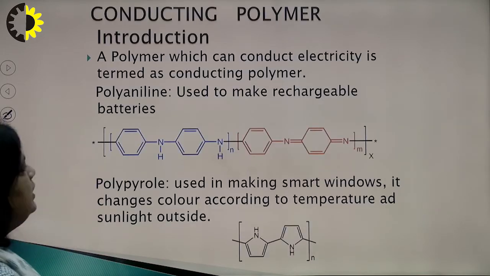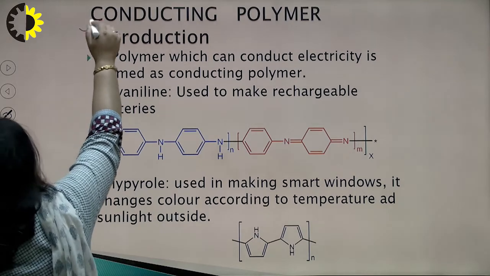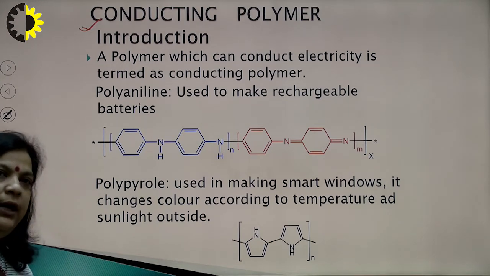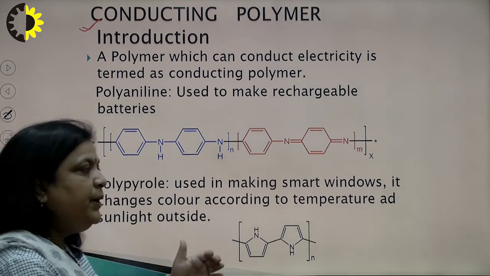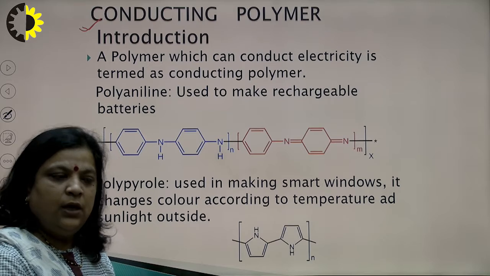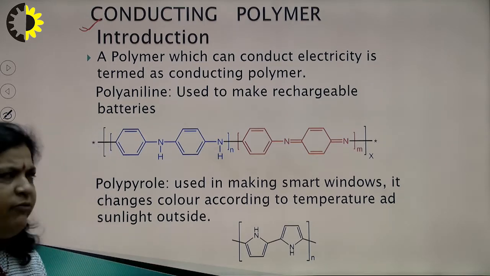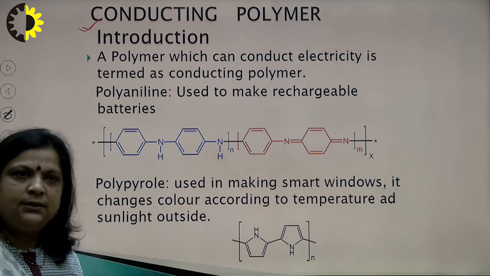Now, next let us start conducting polymer, which is a very important topic. Most polymers show bad conductivity, or we can say they are bad conductors because of the absence of conjugation or alternate double bonds. Traditional polymers were poor conductors.